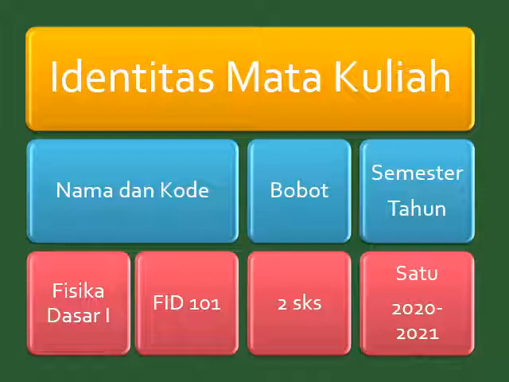So there would be assignments, or what we call PR, homework, for this subject. If you count all of these activities, it should be 300 minutes per week. So that's the quantity, how long and how much you need to learn.